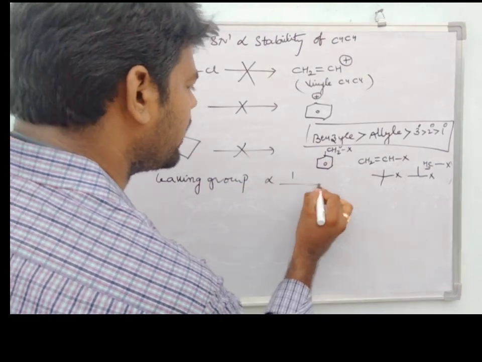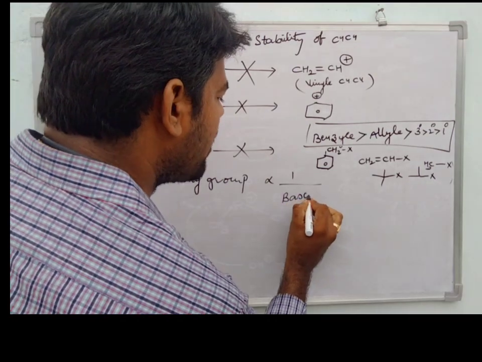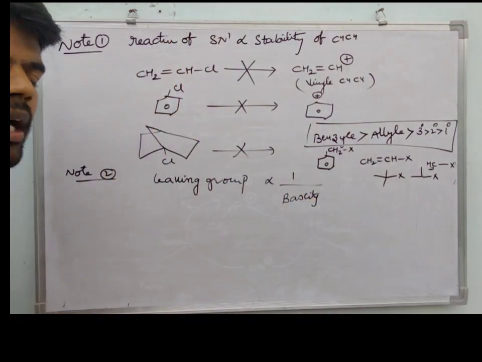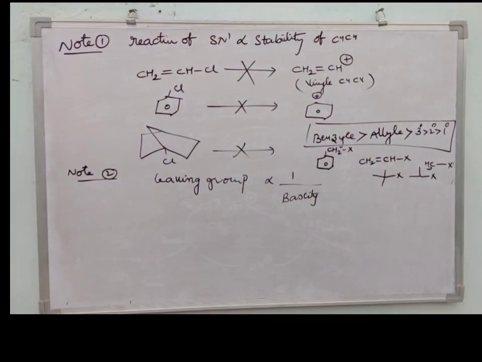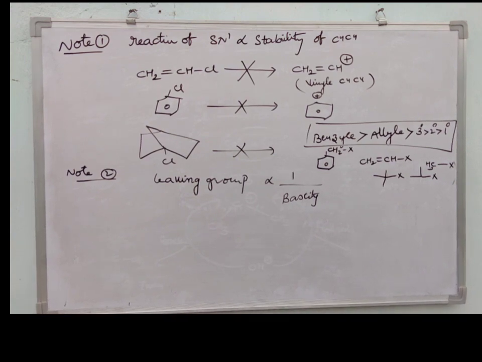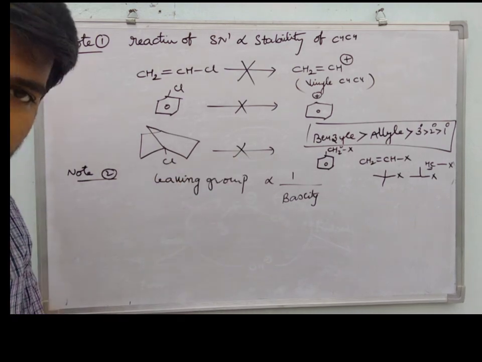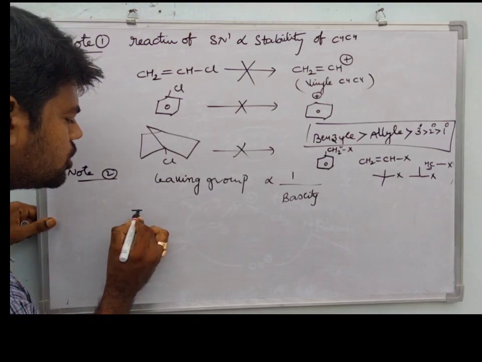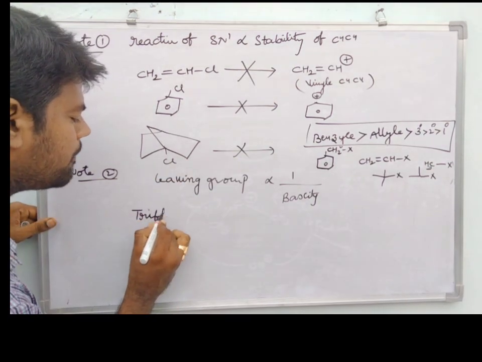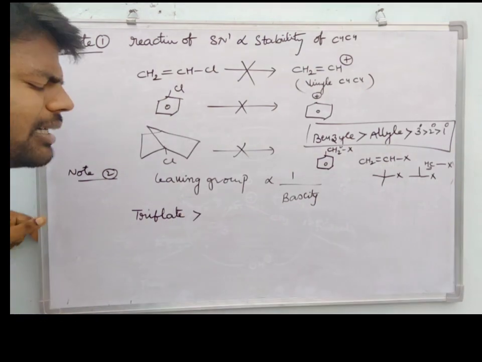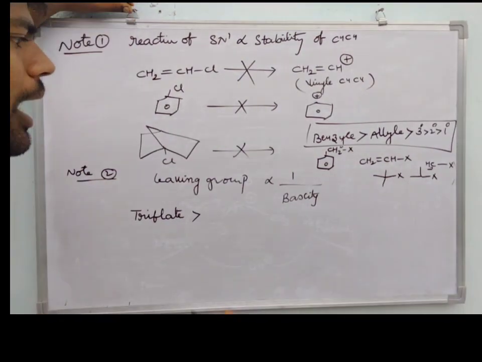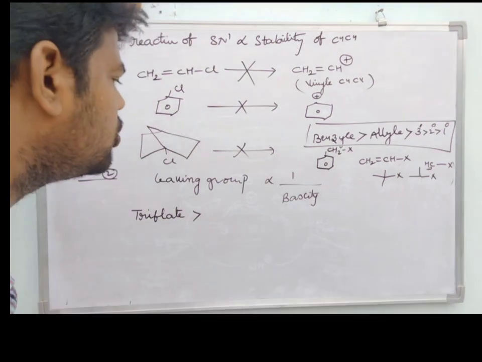An atom or a group having low basicity acts as a powerful leaving group. Most probably the triflate acts as a powerful leaving group. Why? Because it has low basicity.